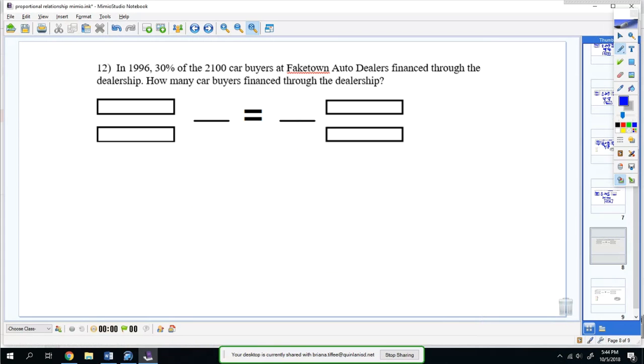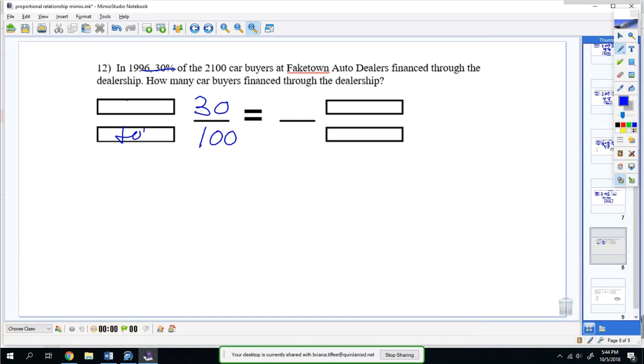In 1996, 30% of the 2,100 car buyers at Fake Town Auto Dealership financed through the dealership. How many car buyers financed through the dealership? So I have 30%. 30% always has to be out of 100%. 100% is your total.